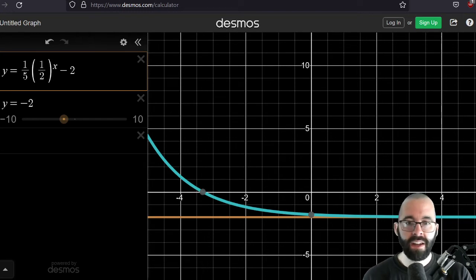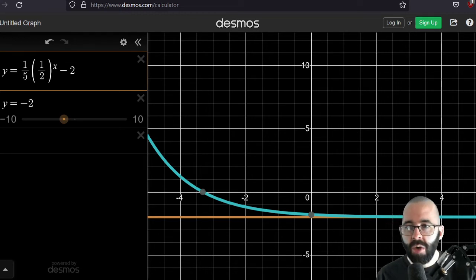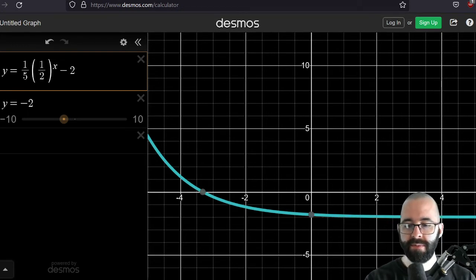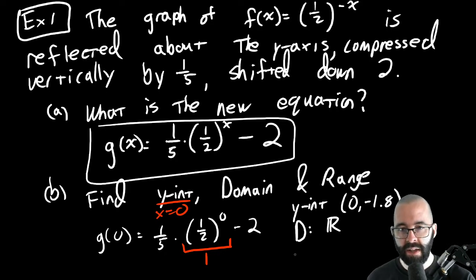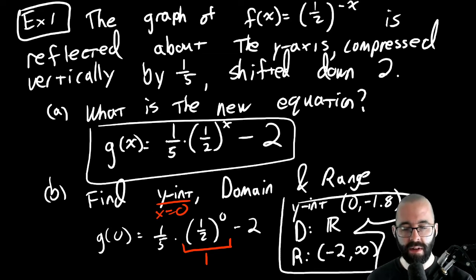There's nothing that hits this line and there's nothing below this line. The set of all y values, the range, is only things above -2. That's how we solve these sorts of problems.